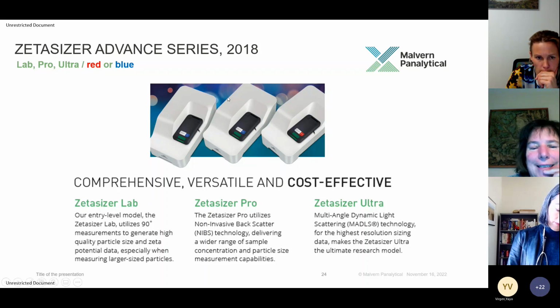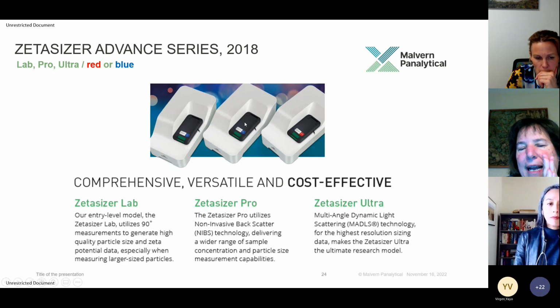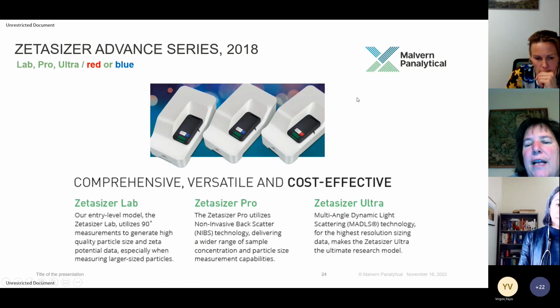I should go back and say, of course, the lab would have the 90-degree and the forward scattering angle. The Pro will have the backscatter and the forward angle, and the Ultra will have the backscatter, 90, and forward angle. And with those 3 scattering angles, we've introduced a new kind of measurement called a multi-angle dynamic light scattering measurement, MADLS.